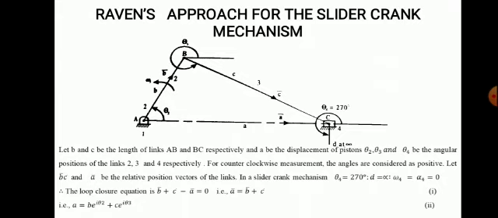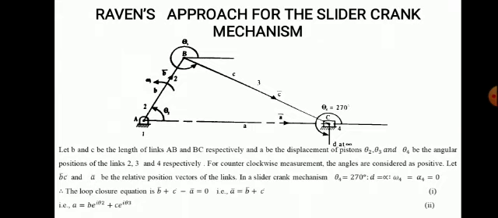Theta 2, theta 3, theta 4 be the angular positions of the links 2, 3 and 4. 4 is the slider. For counterclockwise measurement, the angles are considered positive.